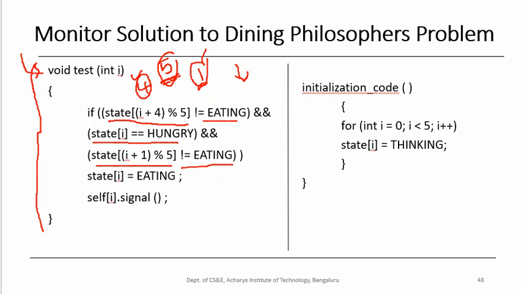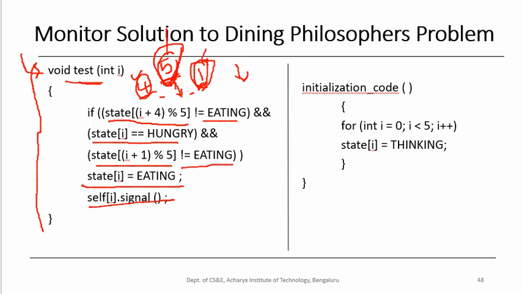So if all these conditions are met, then this philosopher is allowed to eat, because if a neighbor is eating, then one of the chopsticks that P5 wants is with him, so he cannot proceed to eat. So therefore both the chopsticks should be available. That's what is tested in this procedure.